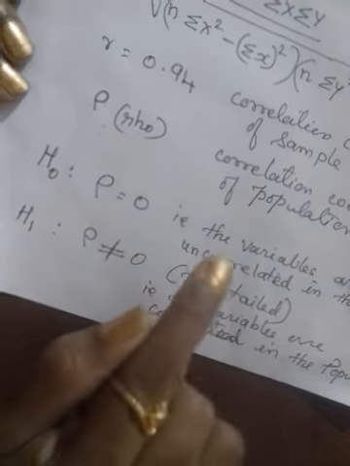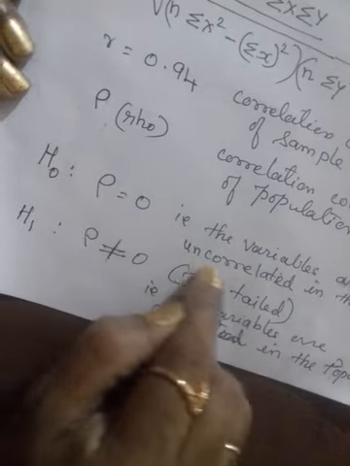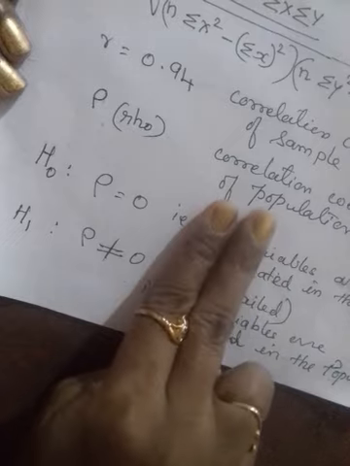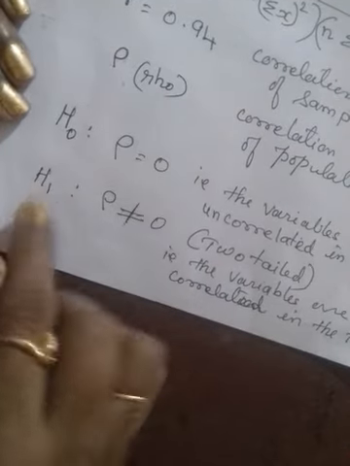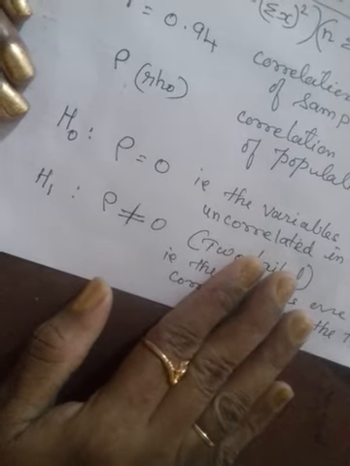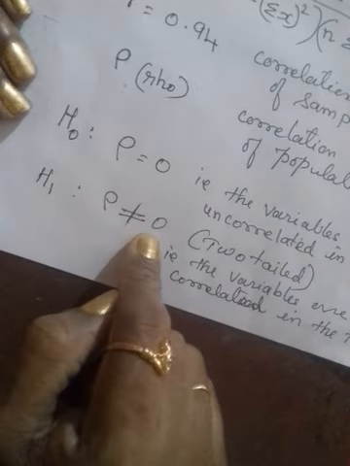Always set the null hypothesis in negative terms. Your alternative hypothesis says that there is a relationship between the two variables. That's why we took rho is not equal to 0.